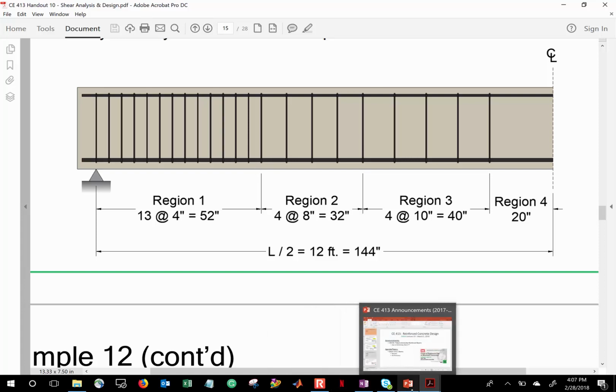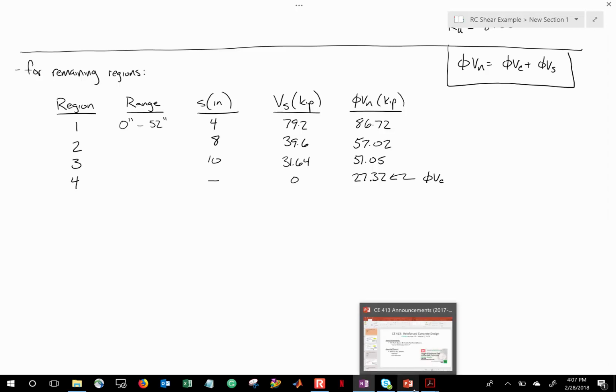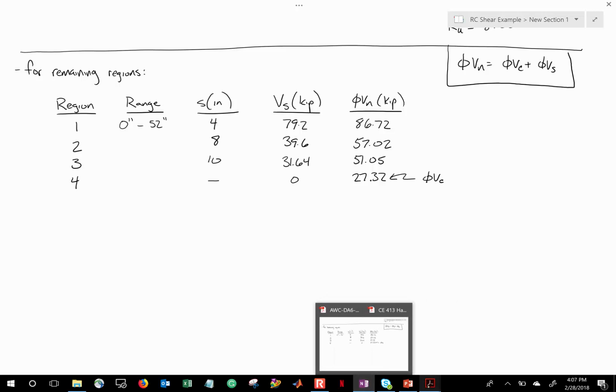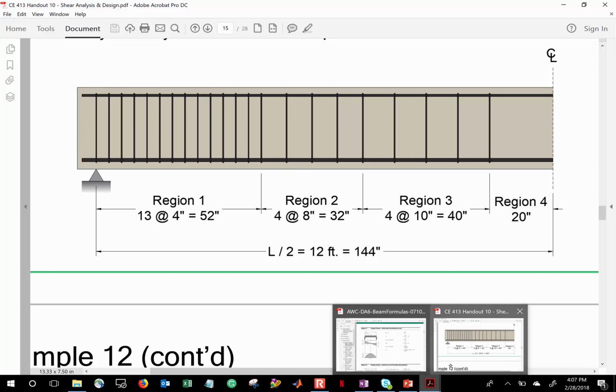So what I'm going to do is this. I'm going to say that region 1 goes from 0 inches to 52 inches. Now, that's region 1. What about region 2? Region 2 is 32 inches long. So if region 1 is from 0 to 52, region 2 goes from 52 to 52 plus 32, that's 84.